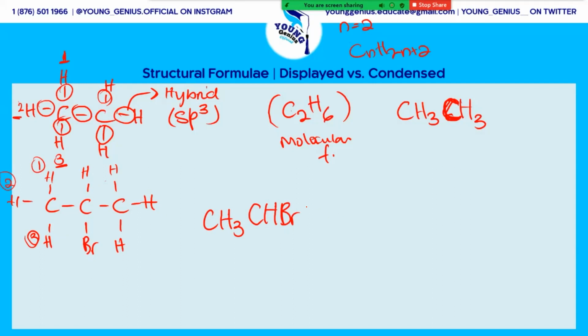Then another carbon, so C, and 1, 2, 3 hydrogens, so H3. So that would be the condensed formula for this compound right here. As per naming it, this would be 2-bromopropane. But I'll show you how to name them later.